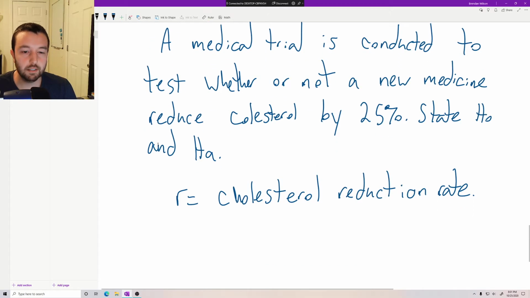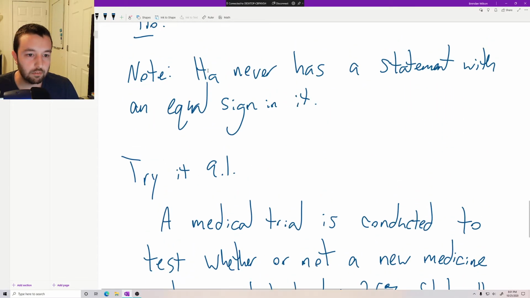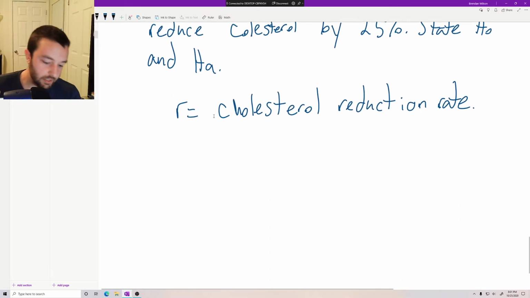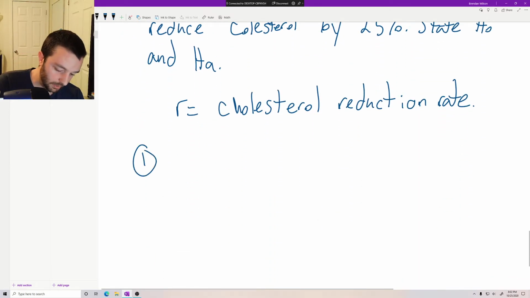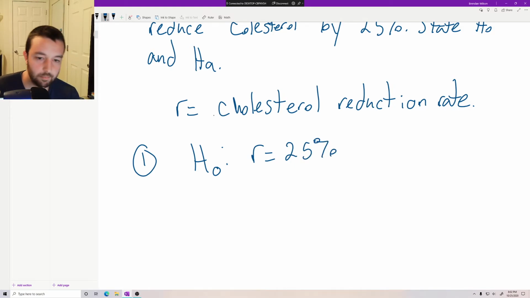So how we set this up depends on how strict we want to be. One way to do this would be to set up H naught to be R equals 25%.